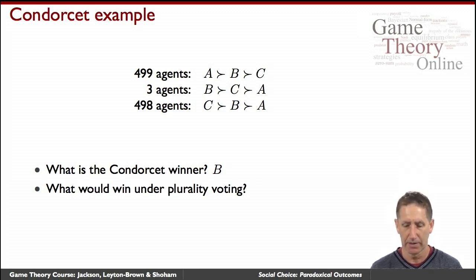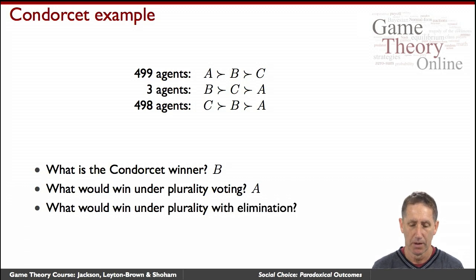Clearly, A would win it because 499 agents would vote for A, and the next highest number would be C with 498. So plurality voting doesn't give you the candidate that on the face of it should be the clear winner.